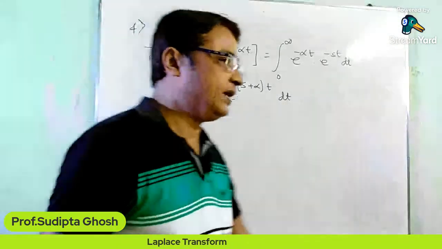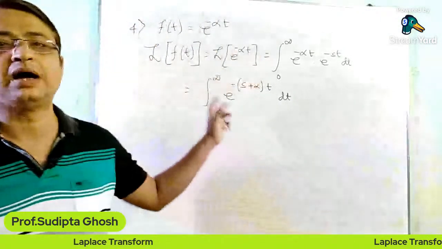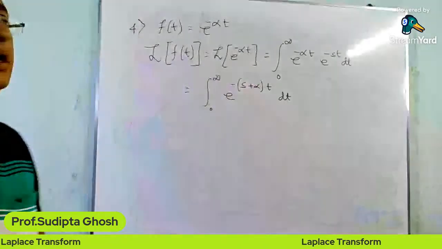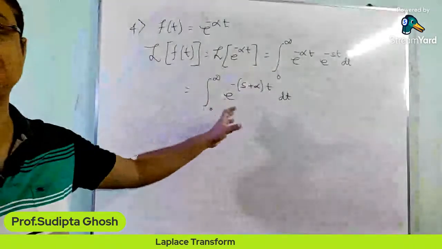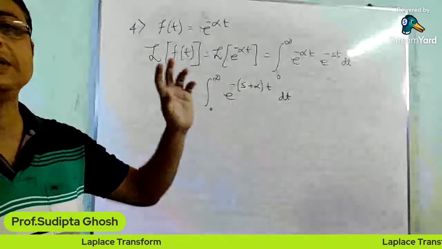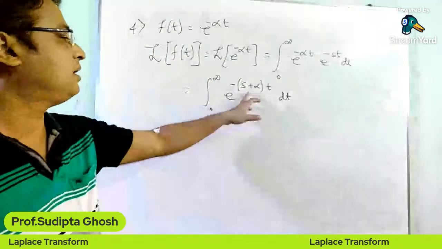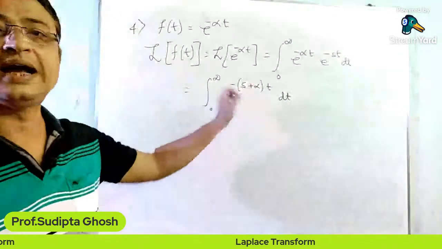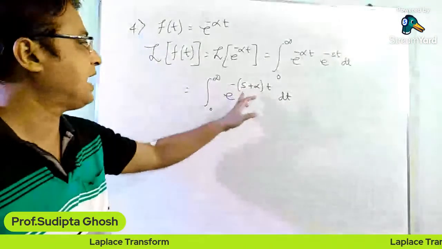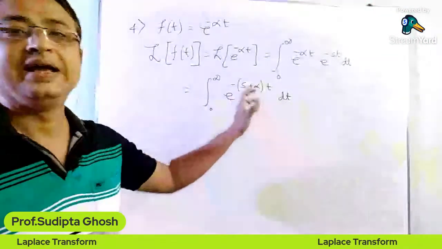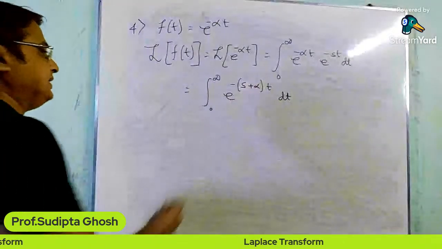You just be careful that every time, while we have two exponential terms in this Laplace transformation form, take common and take s as the first term. So we have e to the power minus (s plus alpha) t dt.